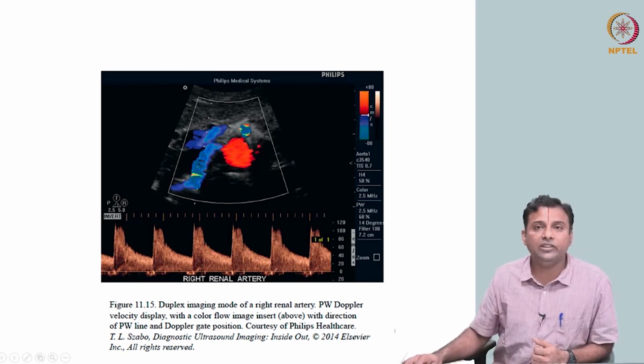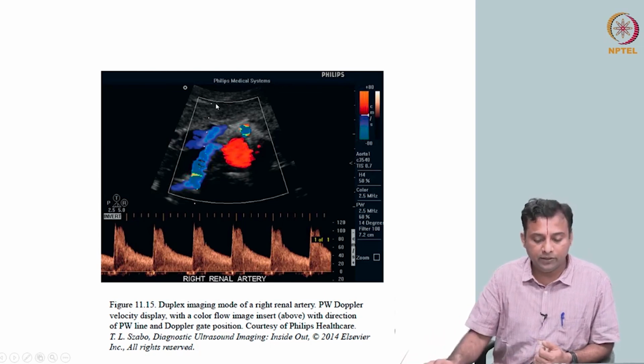So what you also see is what is called a range gate. Range is distance, so gate means range gate. Within this range gate, whatever is the FD, remember we calculated FD, the Doppler shifted frequency, this is plotted here, because there is flow.